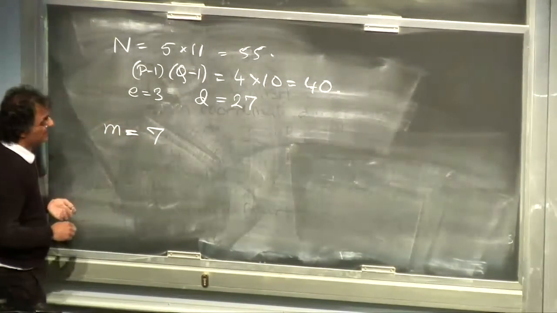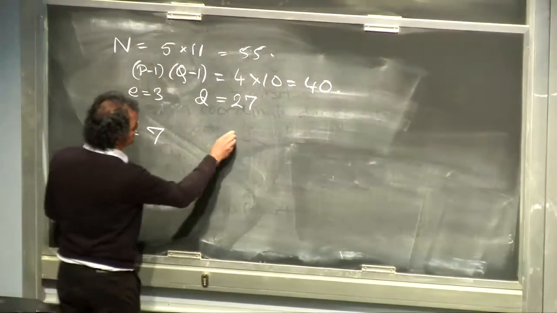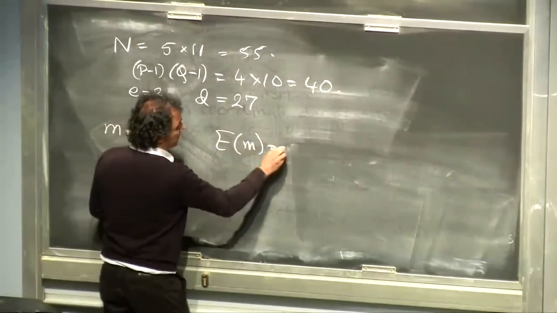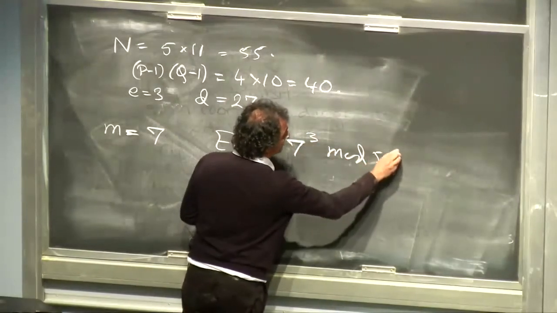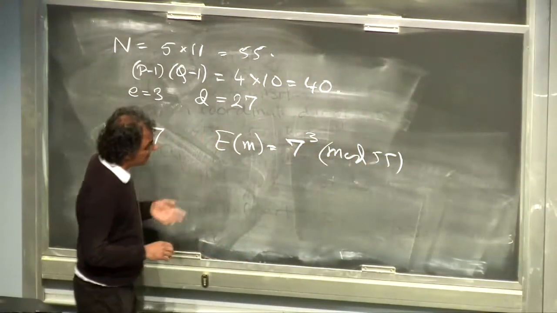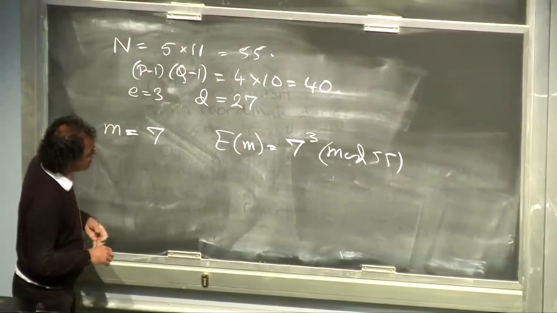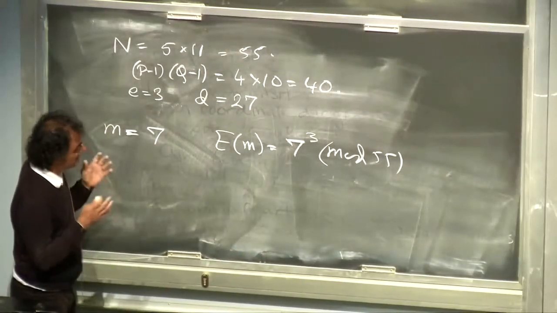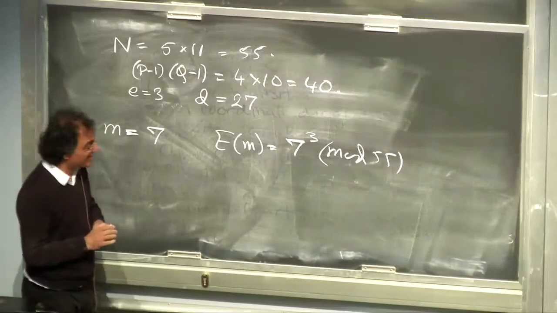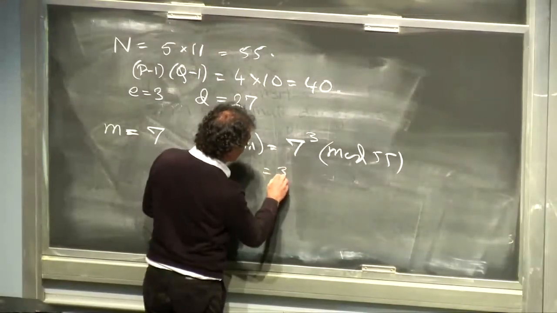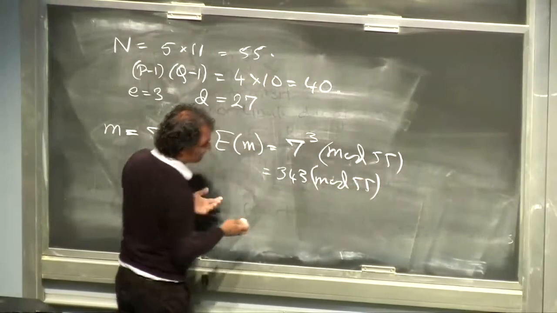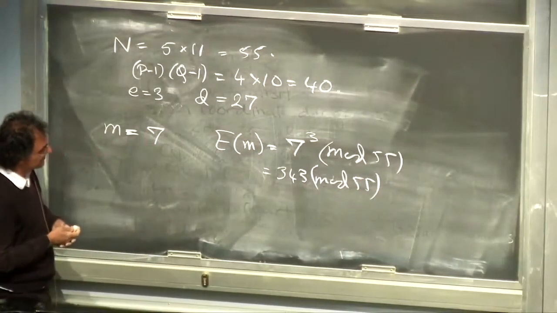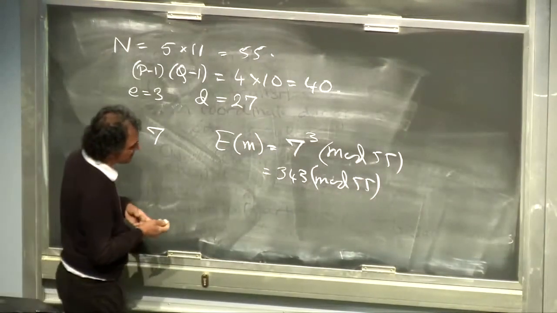Okay, so the encryption of m would just be 7 raised to the power of 3 mod 55, which, I don't know, I'm scared to do this, but what is it? 7 sevens are 49 times 7. I'm sorry? Oh, 343, okay, thank you. 343 mod 55, which is, it's 13, isn't it?